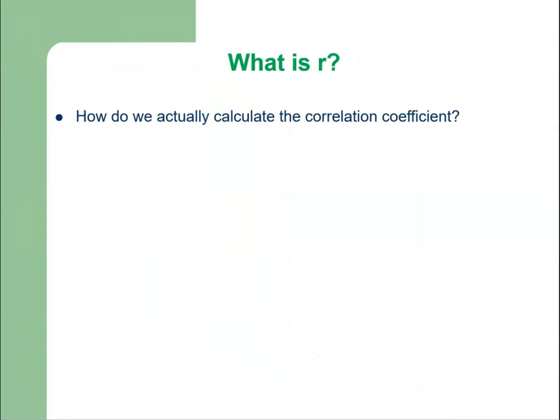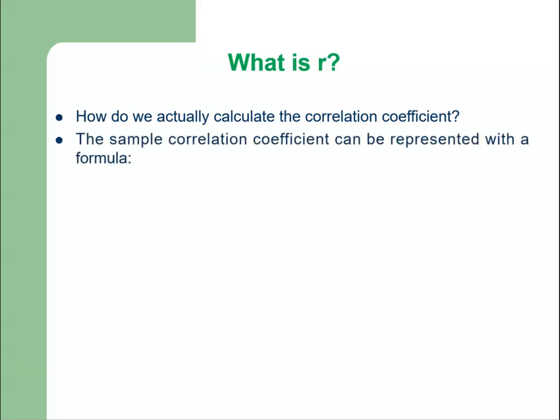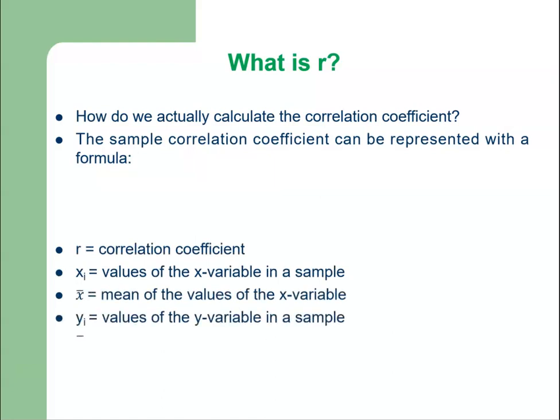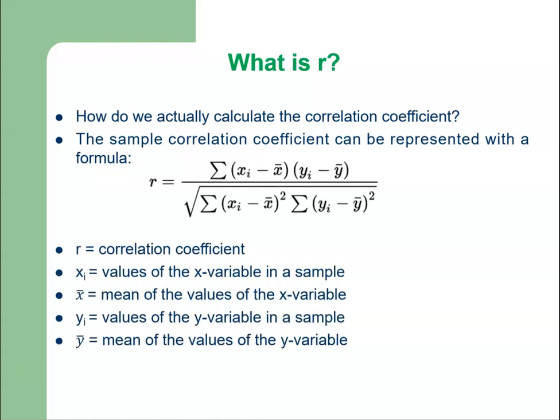How do we actually calculate the correlation coefficient? There is a statistical formula that will be shown to you in a while, and here it is. It is given by R, and R is the ratio of the covariance between x and y divided by the product of the standard deviations of x and y variables. So R in this formula means correlation coefficient, and that ranges between -1 and +1.